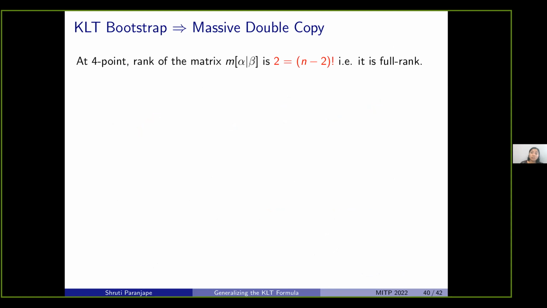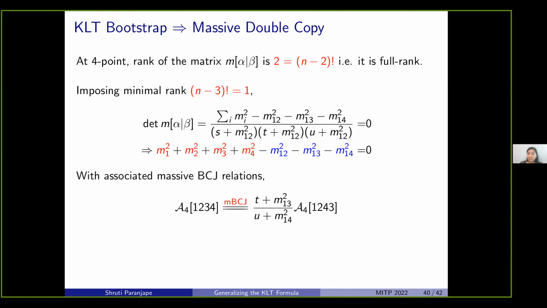So to reduce it to minimal rank, I would have to set the determinant to 0. And that will give me a condition that has to be satisfied by the masses in that theory, which we call the spectral condition in this paper with Callum and Laura. And there was some associated massive BCJ relation.